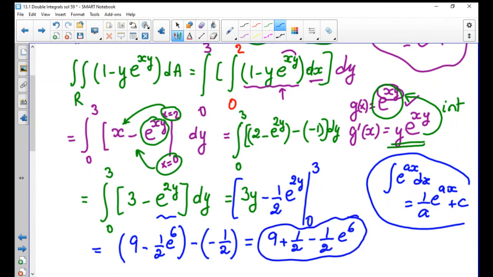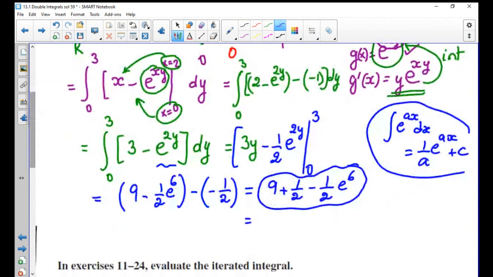You can leave it like this, or you can use your calculator. Mind you, this e to the power of 6 is a really big number. This is going to be a really big negative number, something like that. Yes.